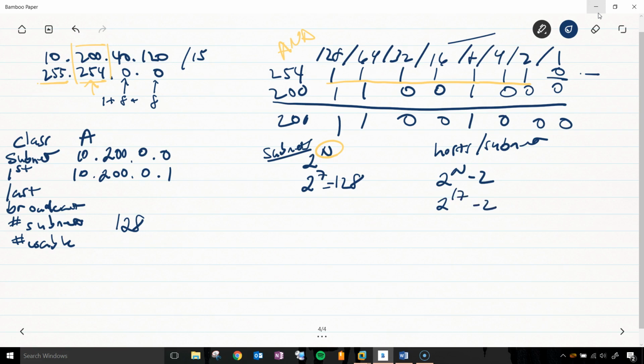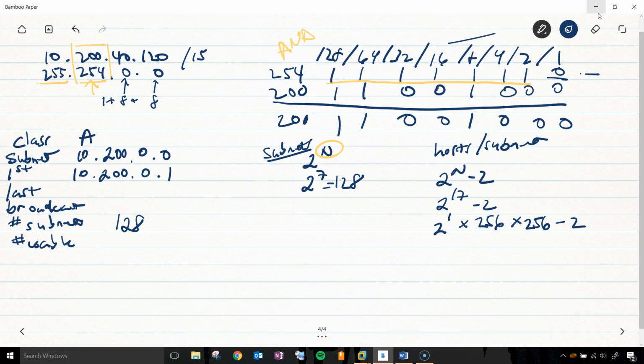That's hard to do in your head. So what you can do instead is say 2 to the power of 1, which is easy, it's just 2. Multiply that by the number of possibilities in this octet, which is 256, could be all zeros to all ones. And multiply that again by the final octet, which is another 256 possibilities. And then finally minus 2. That gives you the same result.